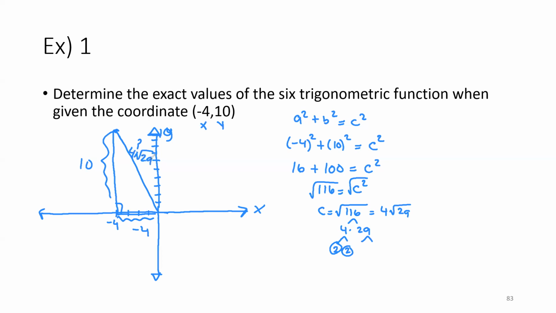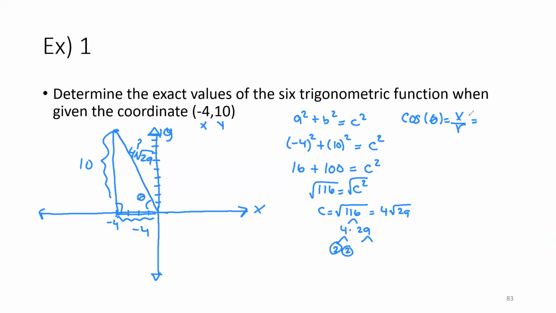Okay, so let's find the first three: sine, cosine, tangent. Since this theta is not a degree within the unit circle, what we can do is define cosine theta as x over radius.